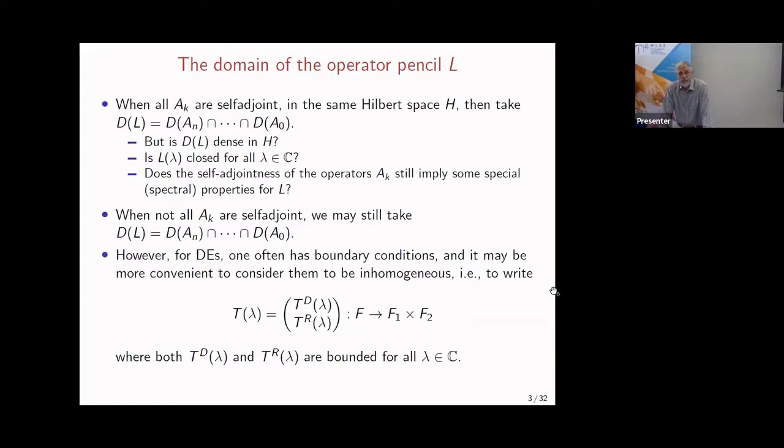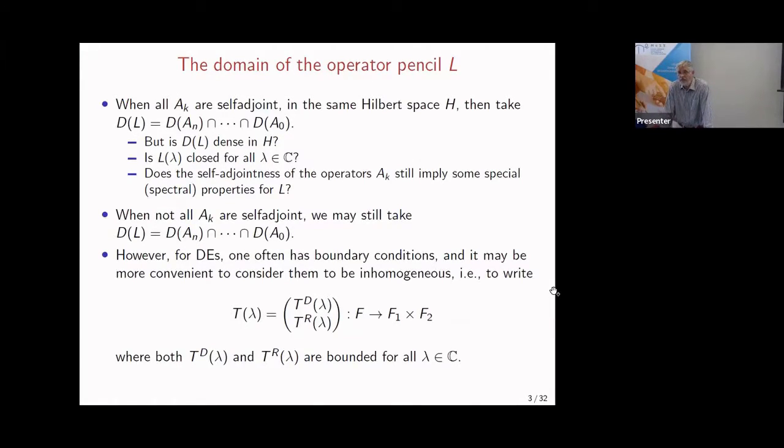And also, if we add up several operators with a parameter lambda, these operators then don't need to be closed anymore. Self-adjoint operators are closed by definition. And most importantly, if you take such an operator polynomial with self-adjoint operators, is there any meaning, any purpose to do that?